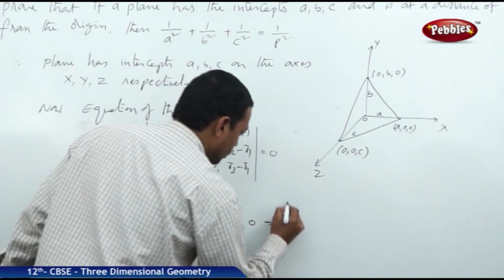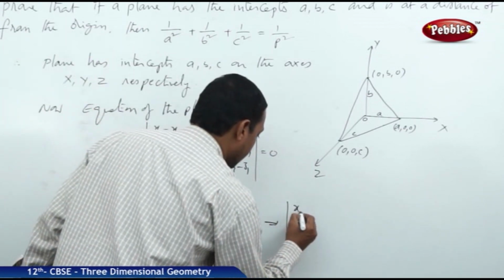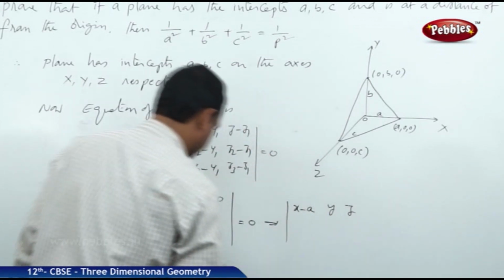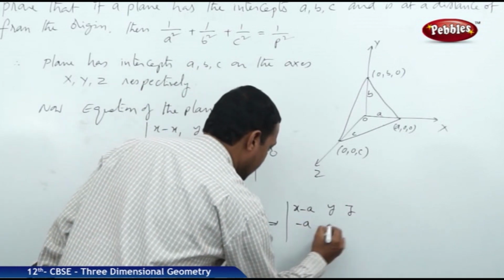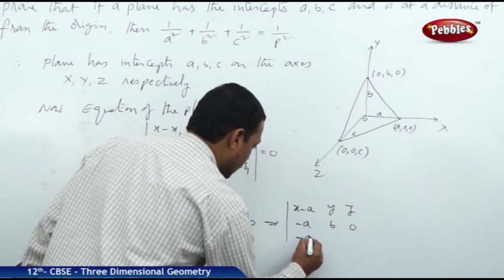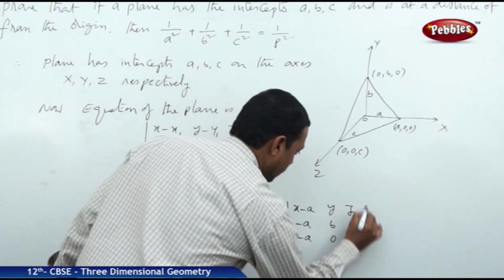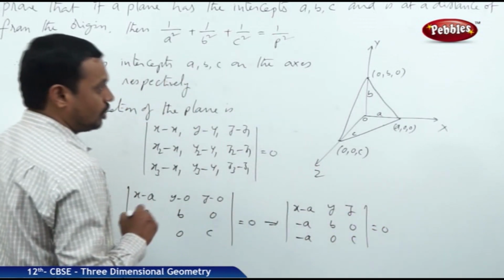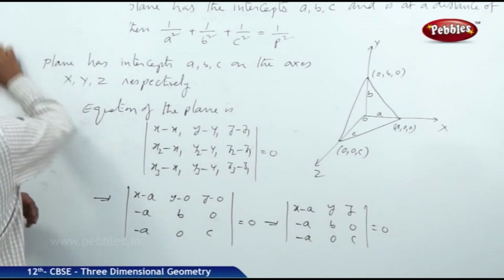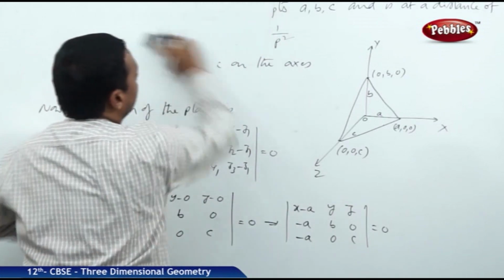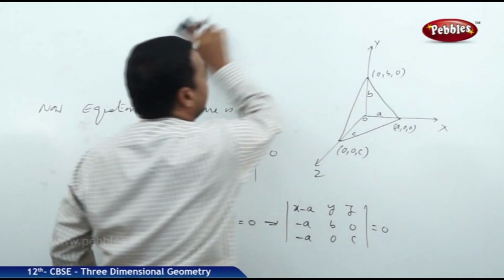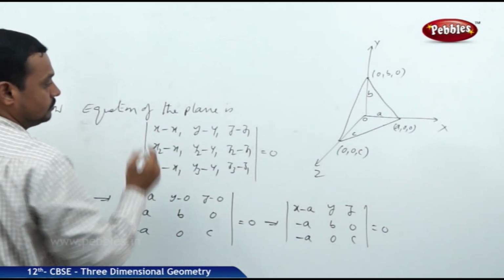Therefore, the determinant of x minus a, y, z; minus a, b, 0; minus a, 0, c is equal to 0. Now expand the determinant. After expanding the determinant, we get the equation of the plane in Cartesian form.